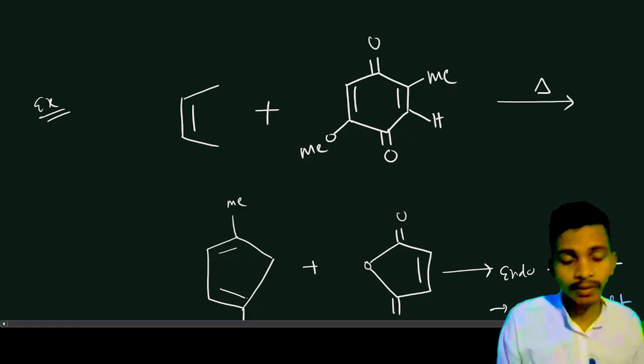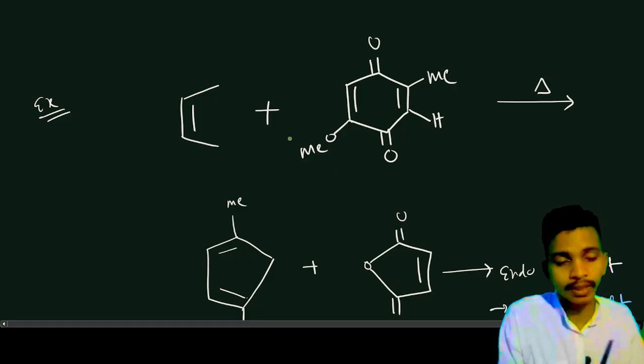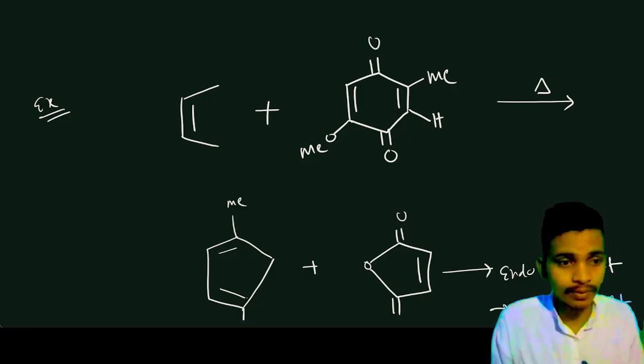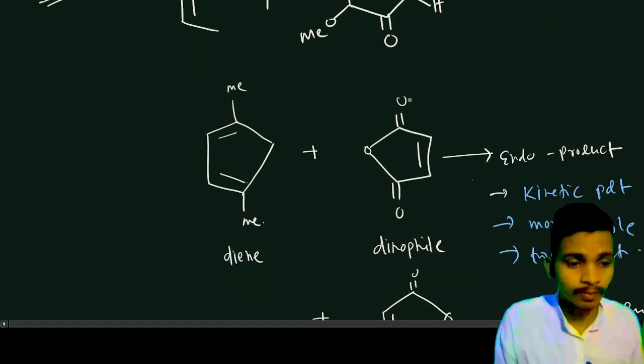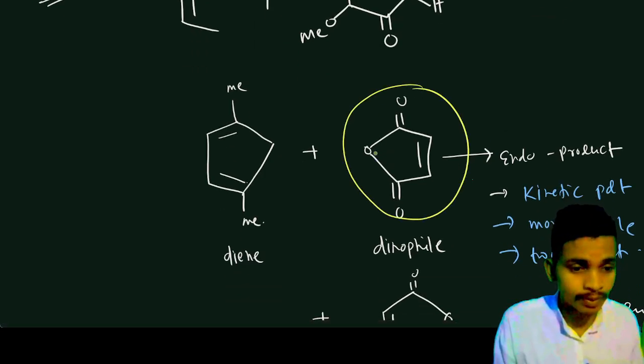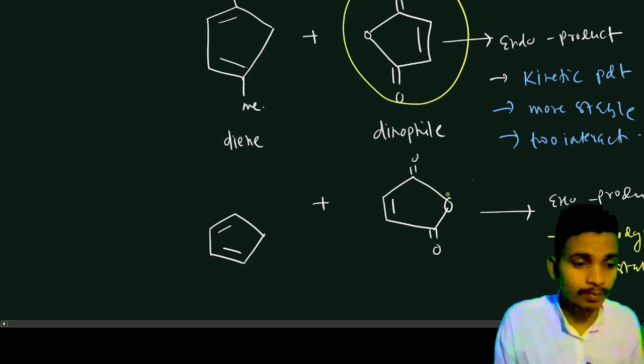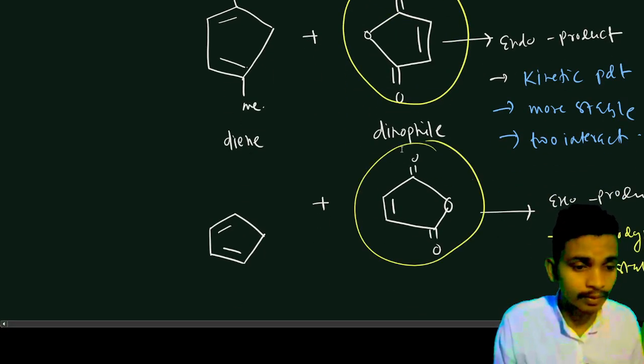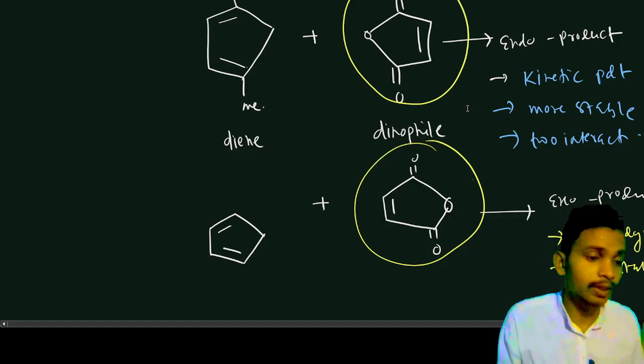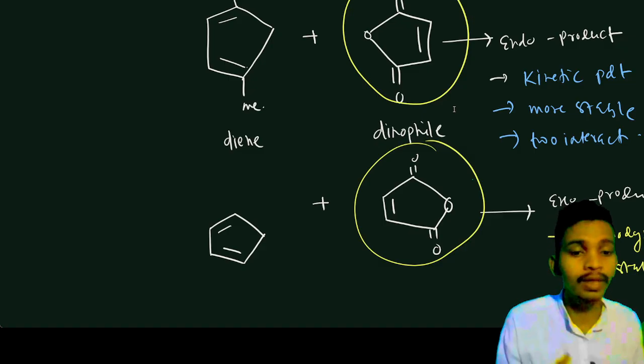Now let's look at the orientations of the dienophile. Sometimes the dienophile has this orientation, meaning the O will come on this side, and sometimes the O goes to the other side. So two types of dienophile orientation are there, and accordingly the stereochemistry will also change.